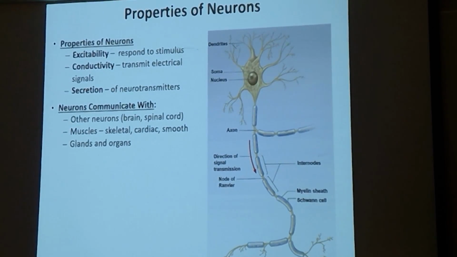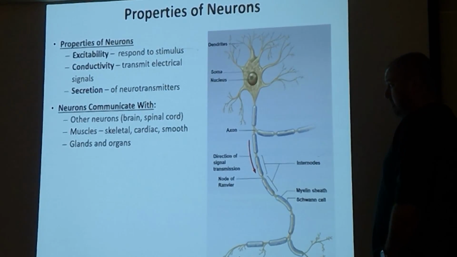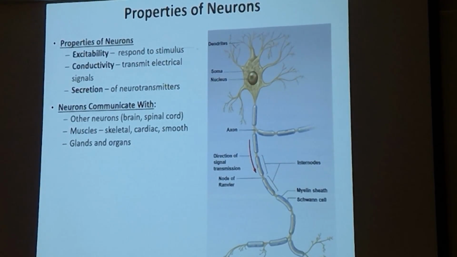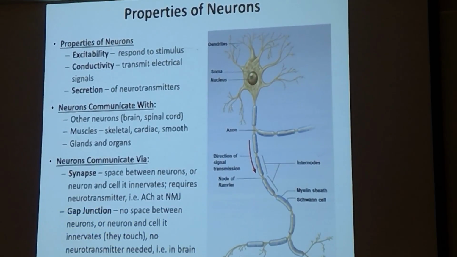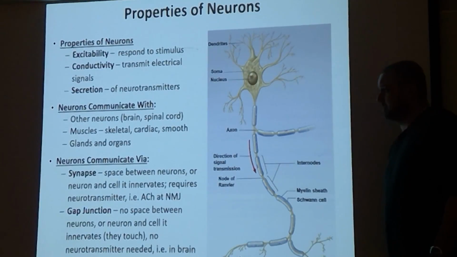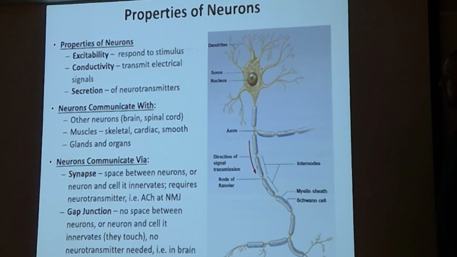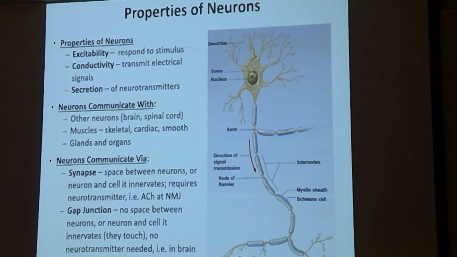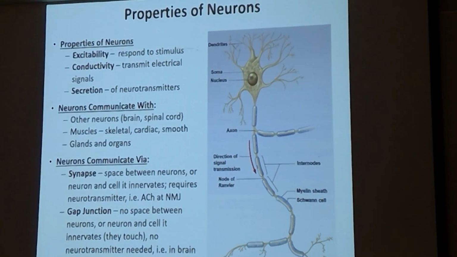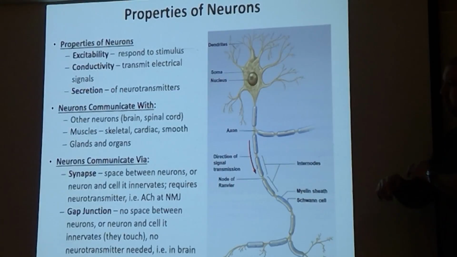Neurons are going to communicate with other neurons, the brain and the spinal cord, muscles, all three different types, and then different glands and organs as needed. So they can interact with all types of tissue in the system, and they communicate in a couple of different ways. You can have a synapse, which is the example we've seen between the neural system and the skeletal muscle system.